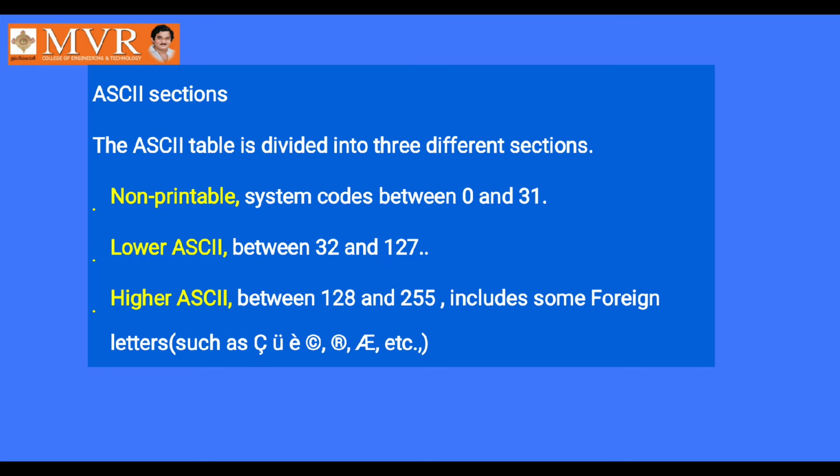As we have discussed, only 128 combinations are there, so where do the numbers 128 to 255 come into the picture? These higher numbers are generated as programmable.